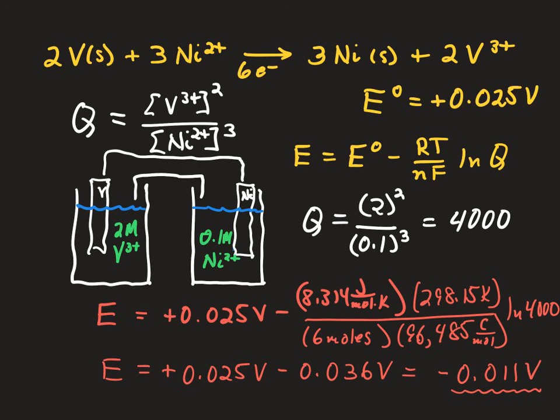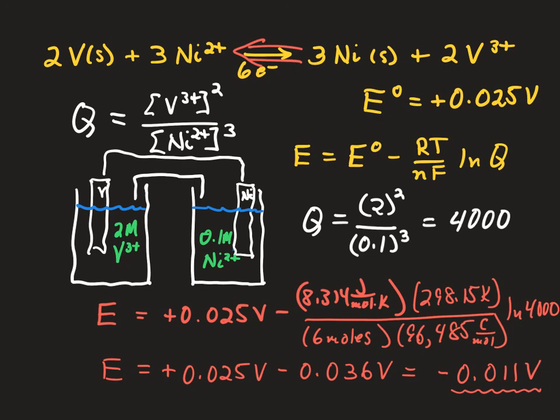And so under these conditions, our reaction becomes unfavorable. Instead of going in the direction we have it written, it will tend to go back in that direction under these conditions. So we have found a potential under non-standard conditions. These are a couple of equations that are important. We should be able to solve for anything that's in there, given anything else.